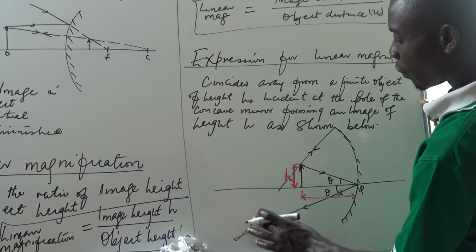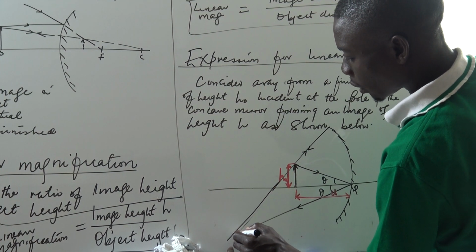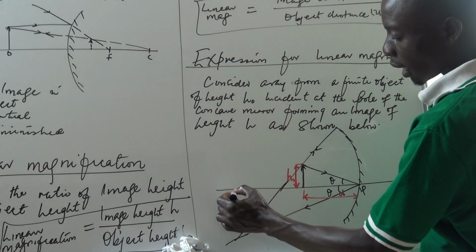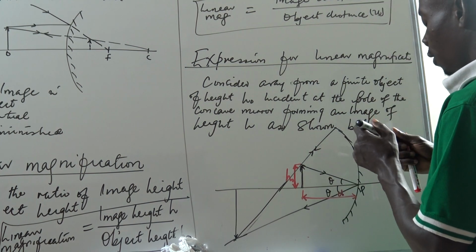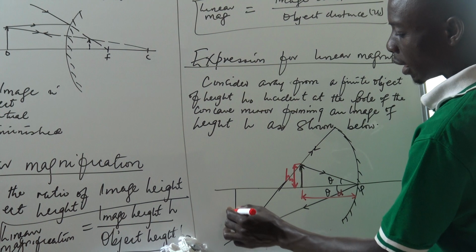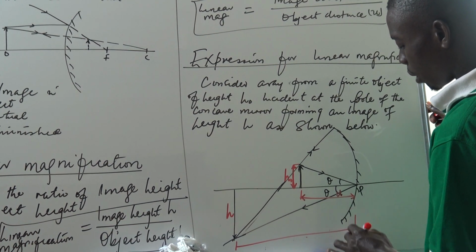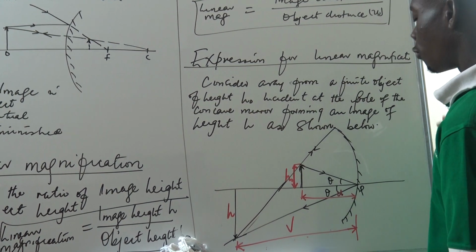Of course, we said if the light rays pass through the center of curvature, it will move along the same path, such that my image is formed here of height h, and then this one here becomes my image distance v.